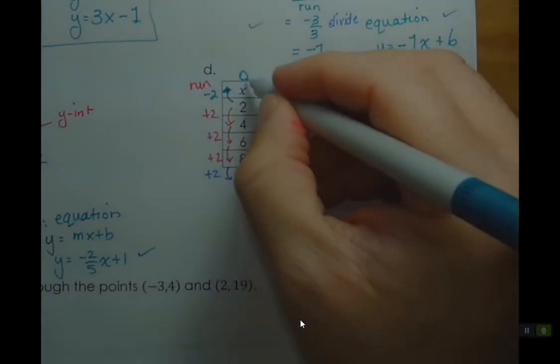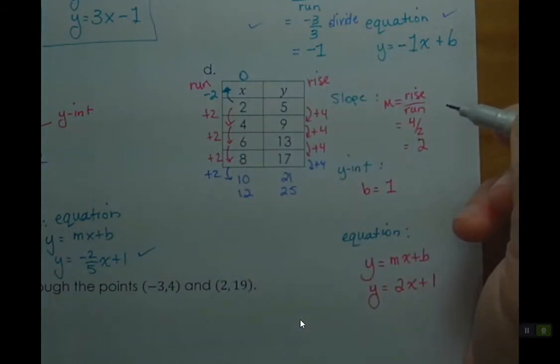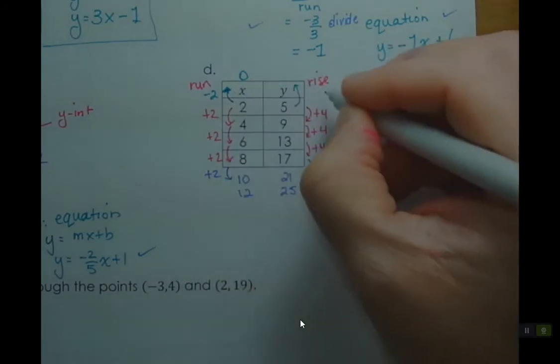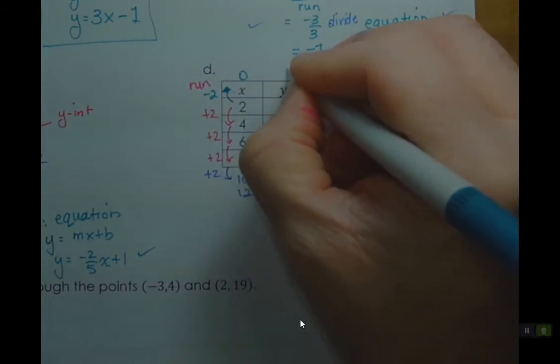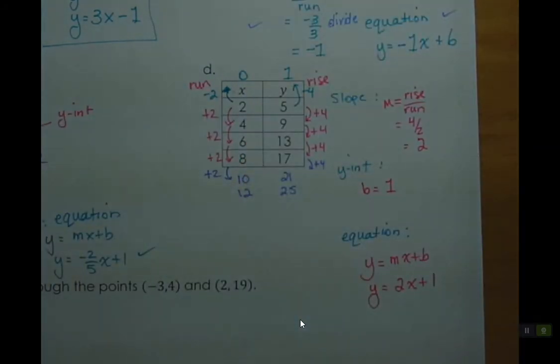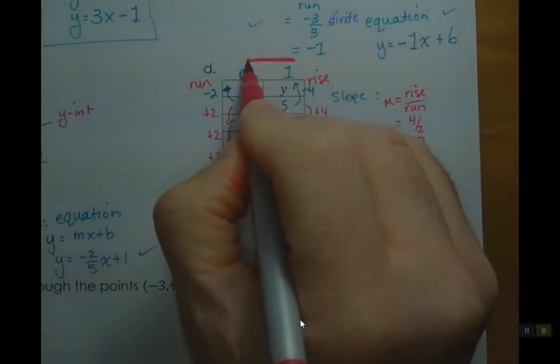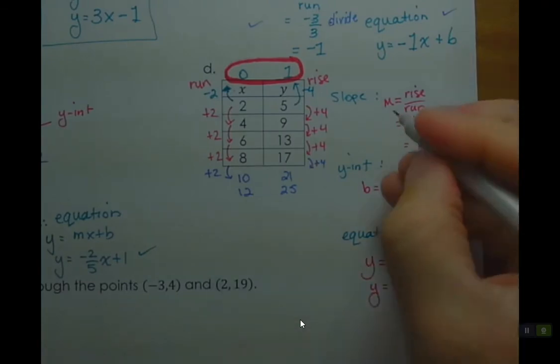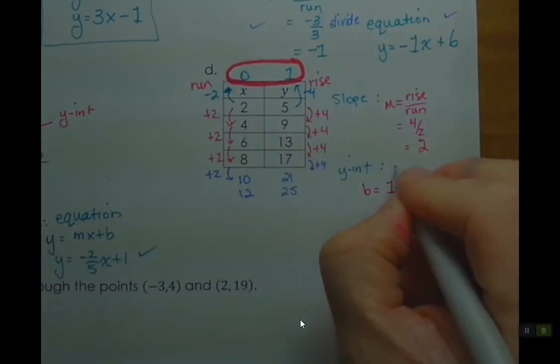Ooh, there's a good one because we know that's got to be where the y-intercept is. Well, if I went back to over here, I have to go back 4 this way. And right there, that's where x equals 0.